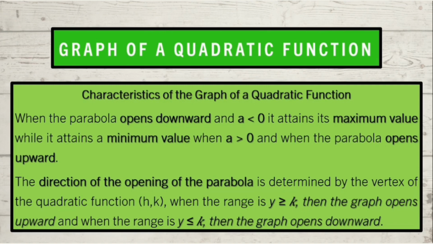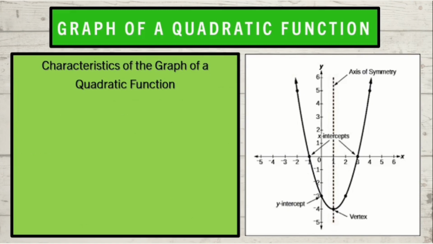As a summary, refer to the given figure at the right. The important characteristics of a function are domain and range, where in the given illustration, the range is f(x) greater than or equal to negative 4, or y such that y is greater than or equal to negative 4. The intercepts, wherein the x-intercepts are at (-1, 0) and (3, 0), while the y-intercept is at (0, -3).